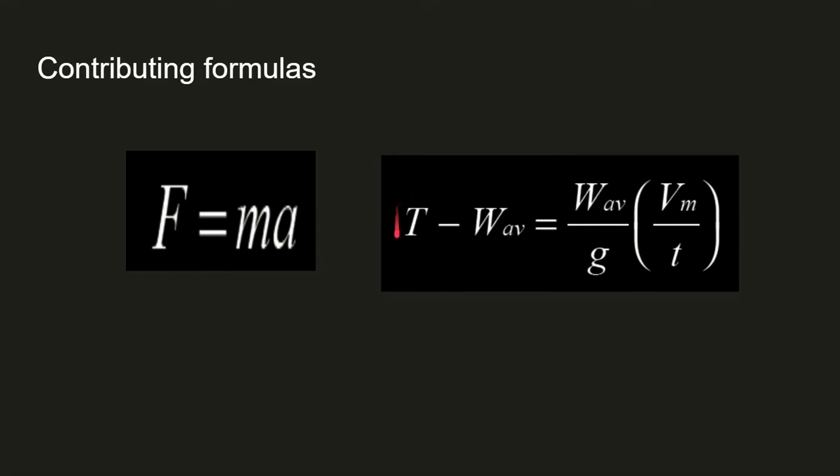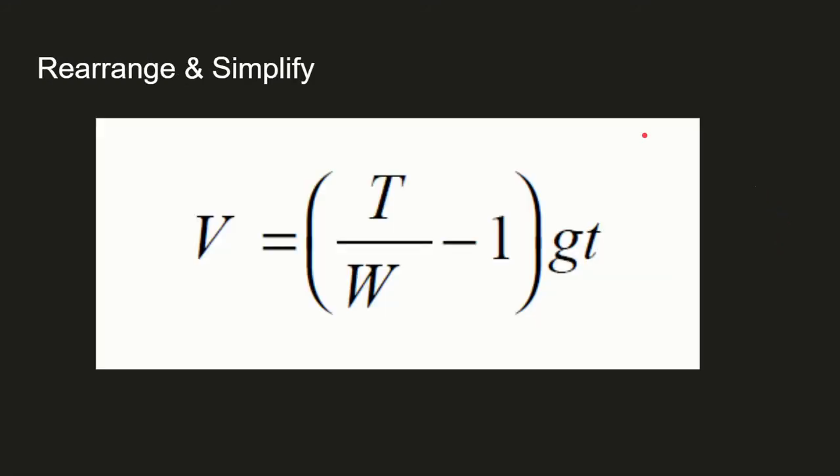So this is the equation we're working with. We can rearrange and simplify to find our average velocity by taking the thrust divided by the average weight, minus 1, and multiplying that times the gravitational acceleration times the burn time. This is the formula we're going to be using.